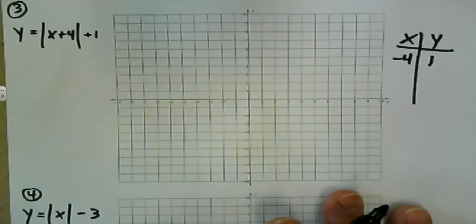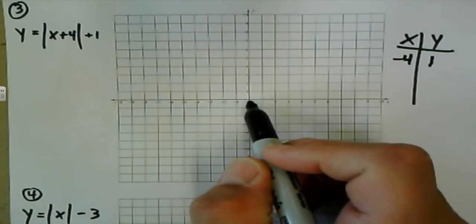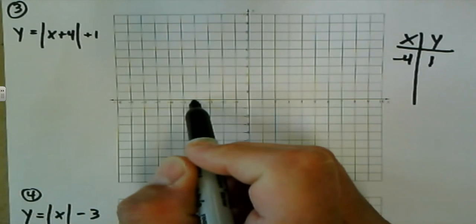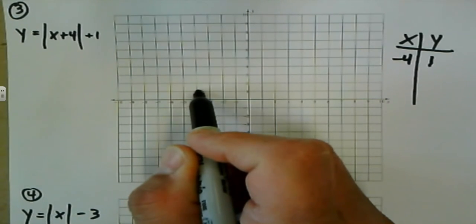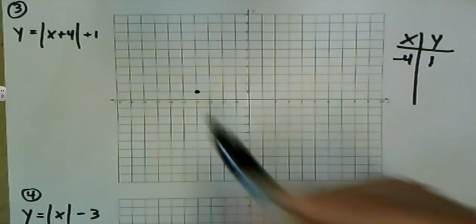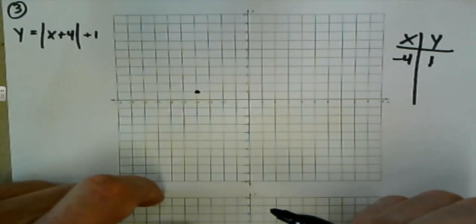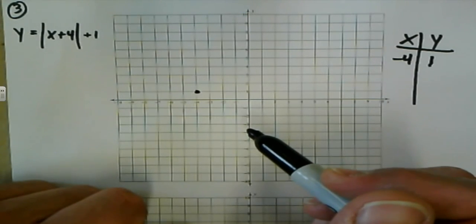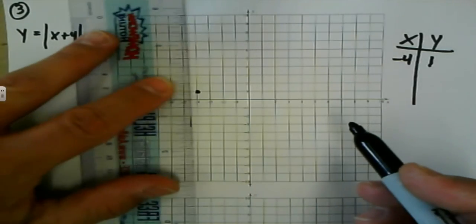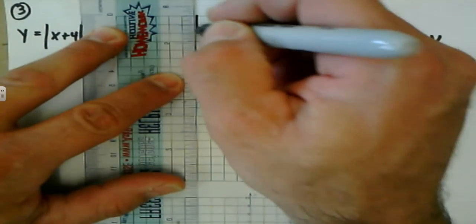Okay? So that's our first dot. On X, we're going to go to negative 4. On the Y, we're going to go to 1. Negative 4, 1. Does everybody see that? That is our vertex, and this is our axis of symmetry.